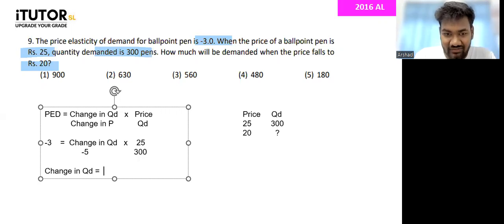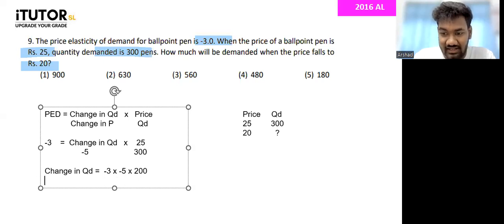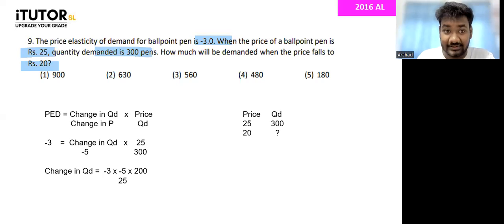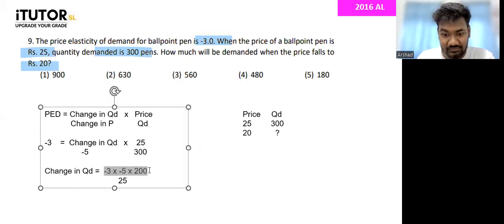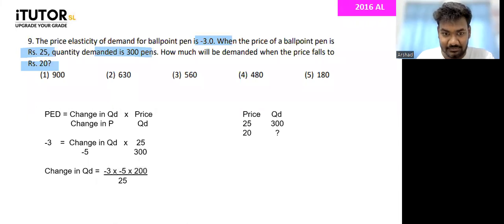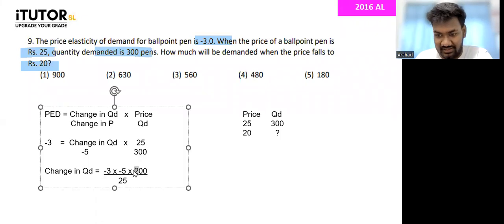So change in QD will be -3 multiplied by -5 multiplied by 300 divided by 25. So I'm just doing that. How much do I get as an answer here?